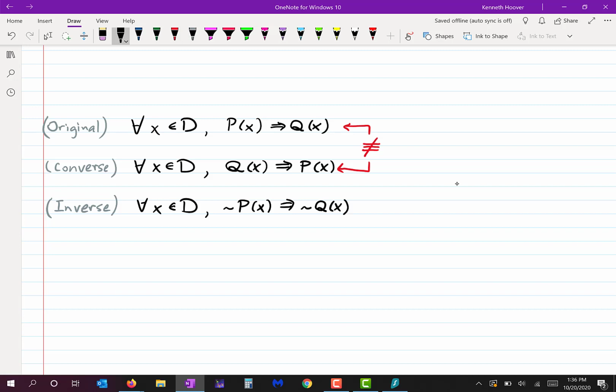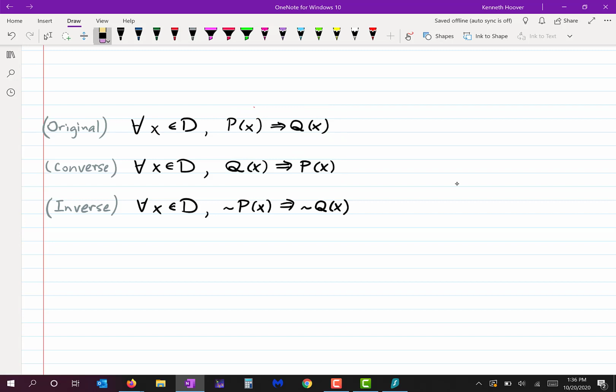So converse, make sure you understand this. Converse is where you change the order of the implication. You reverse the implication. That's called converse. And you change the sentence when you do that. It is no longer the same sentence. They are not equivalent to each other.